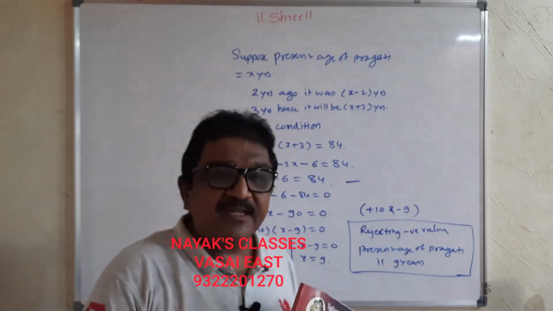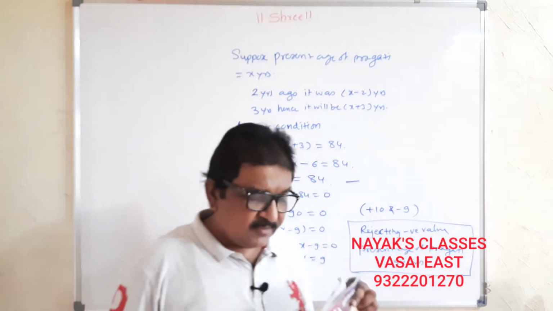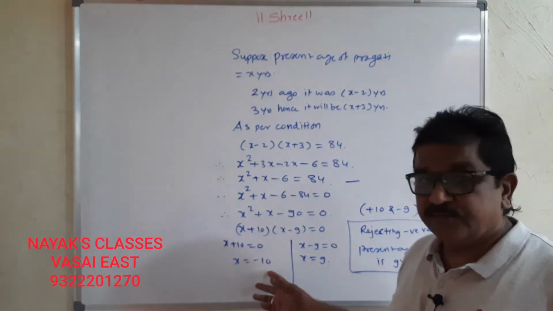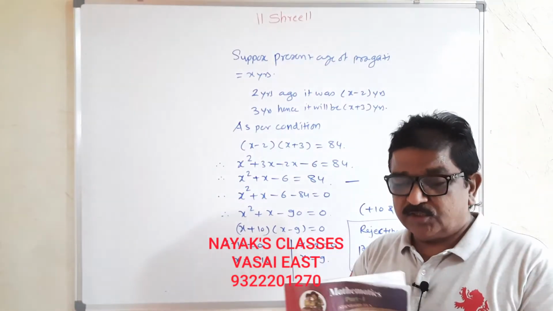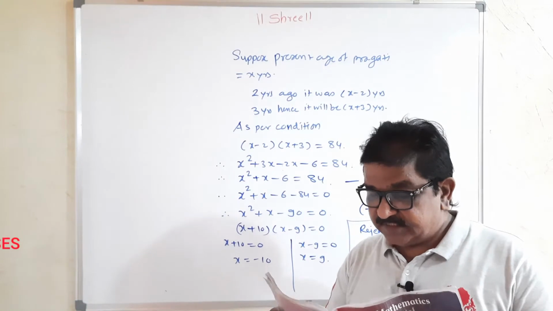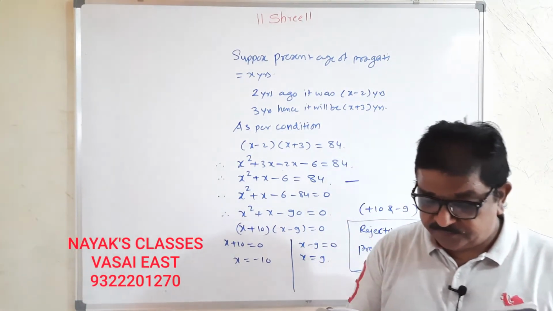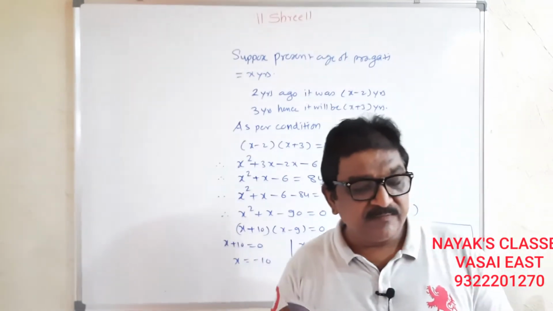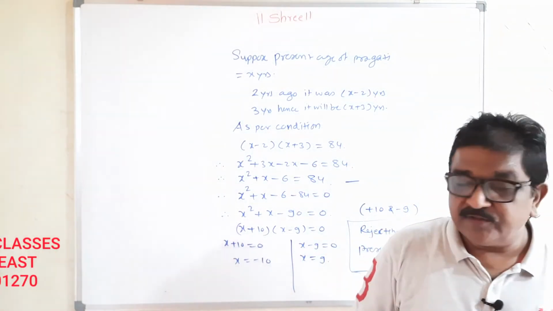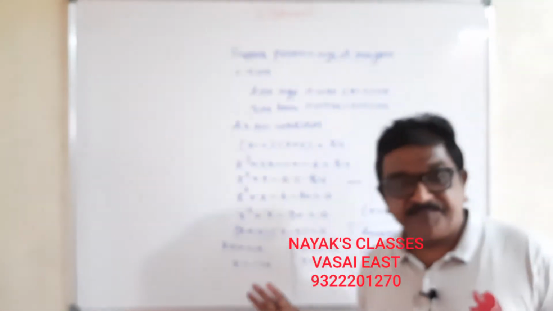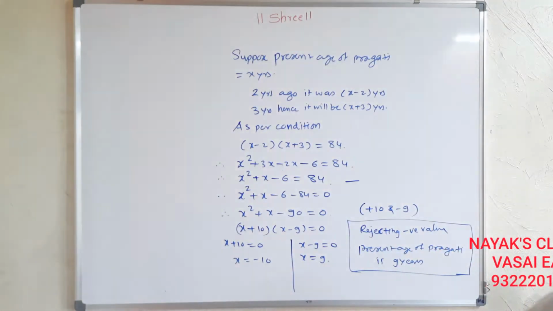We have rejected the negative sign, that is minus 10, because age cannot be negative. So present age of Pragati is 9 years. Correct? That was the first example of 2.6. You don't have to mention that age cannot be negative, just reject the negative value. Correct? Thank you.